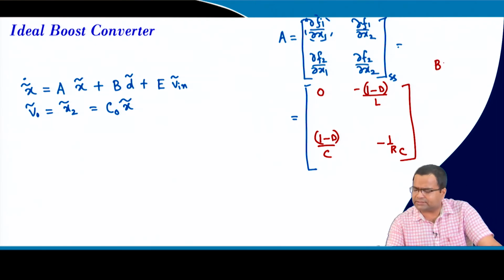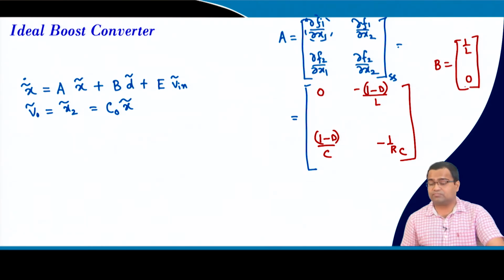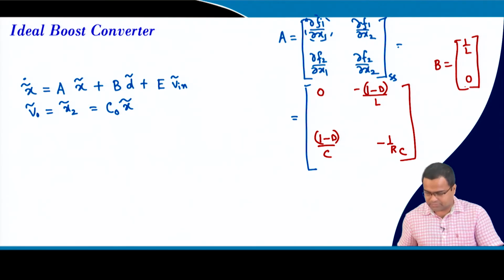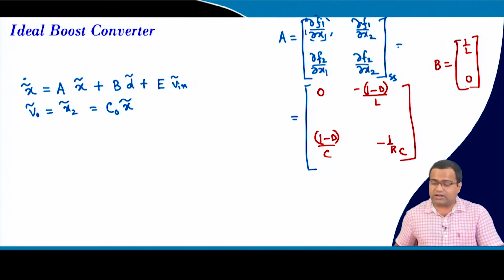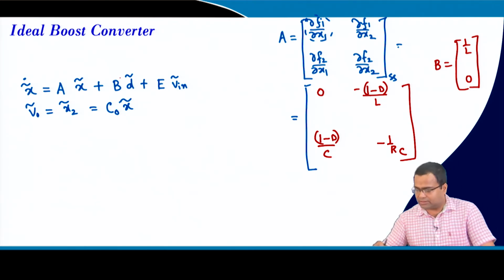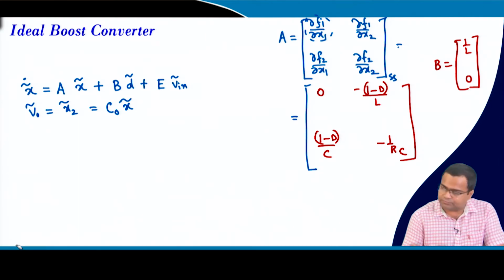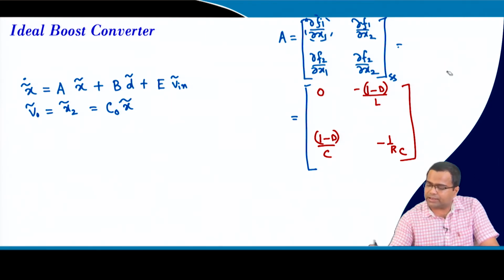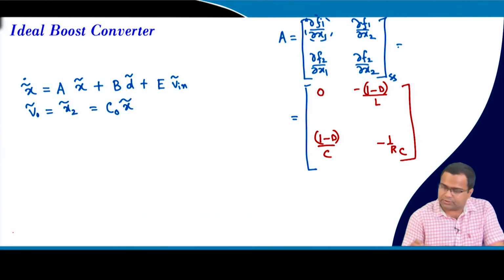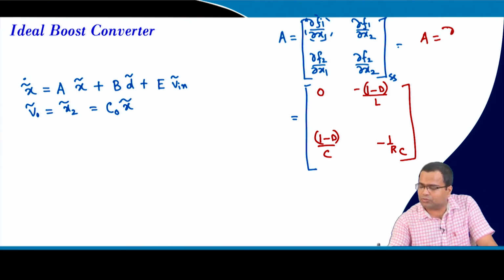The B matrix, since it is common, will simply be 1 by L, because B matrix is common, right. What is B matrix? Okay, no, here it is not that B matrix, sorry. So, here A matrix is dou F dou x computed at steady state.